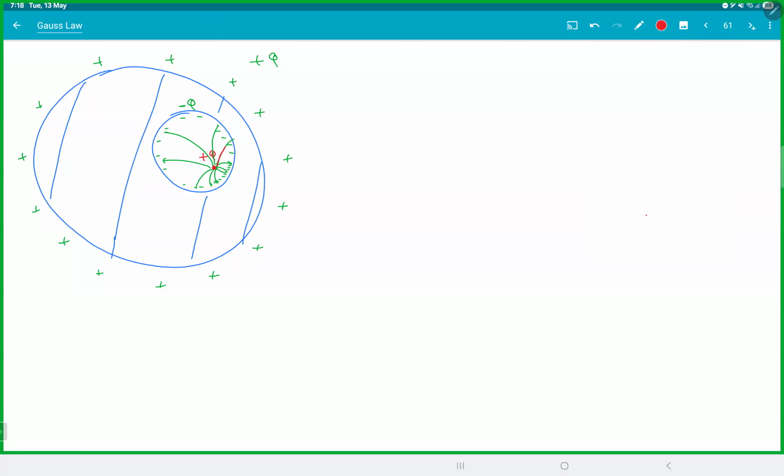So if I actually draw these field lines, this is how they will look. And outside the field lines will be radial. Yeah, it's a conductor. That is the whole story. It is always a conductor. So here, this is what will happen.